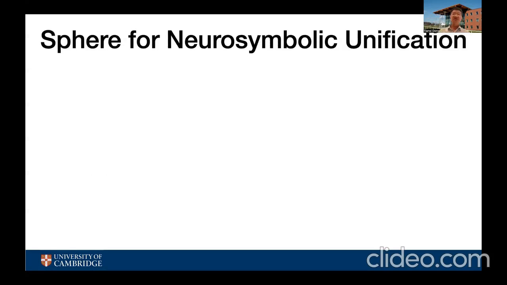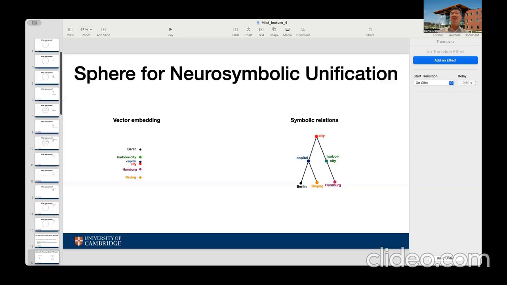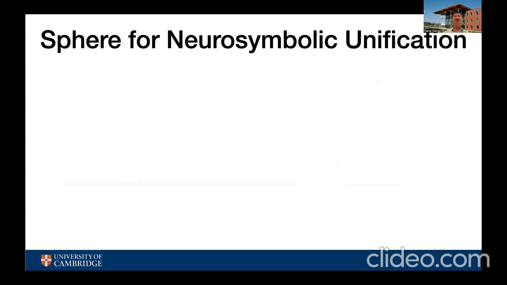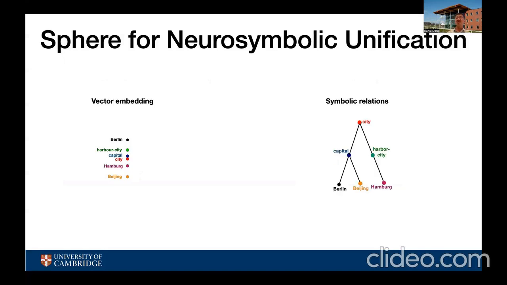And from this perspective, the sphere is a natural object to realize neuro-symbolic unification. Let's see, we have vector embeddings to predict the center of a sphere. And on the other hand, we have symbolic relations. Let's say it's a tree.